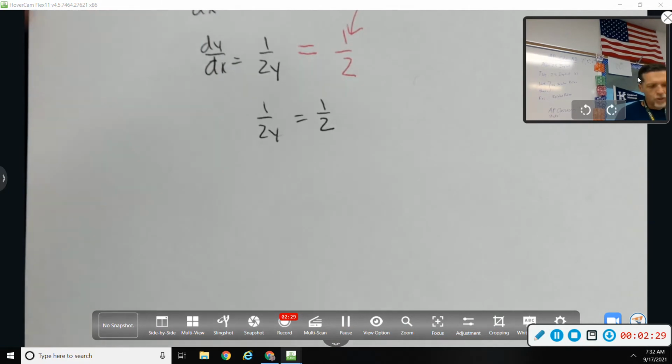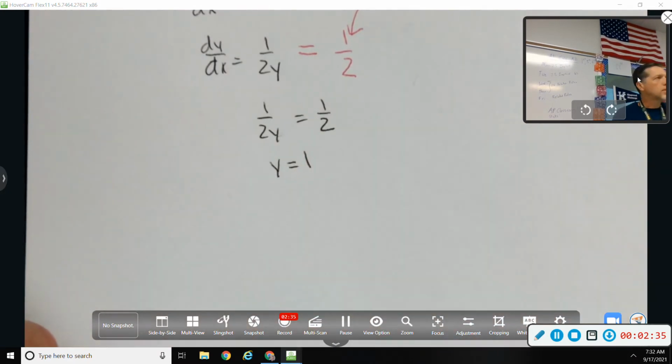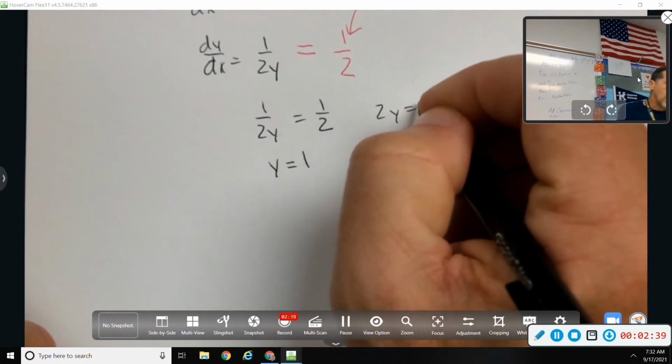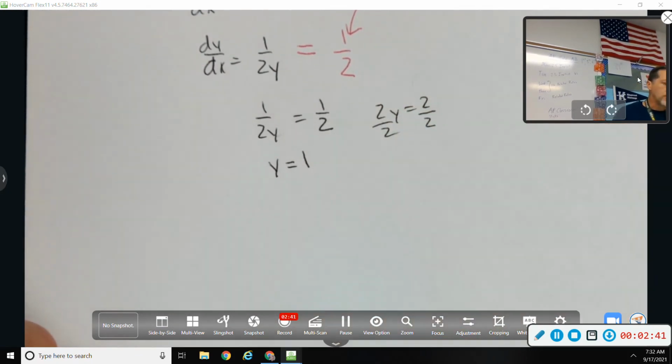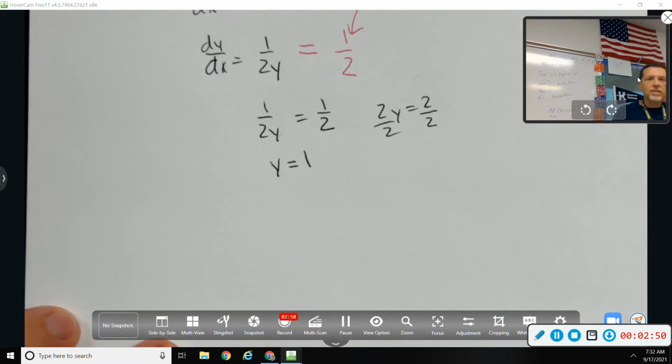Well, we could do some algebra on that, or hopefully you could just look at that and figure out the only way that's going to work is if y is 1. I guess you could cross multiply, divide by 2. Yeah, y is 1. Check my question again. Find the x and y coordinates. Okay, so I got y. How am I going to figure out what x is?